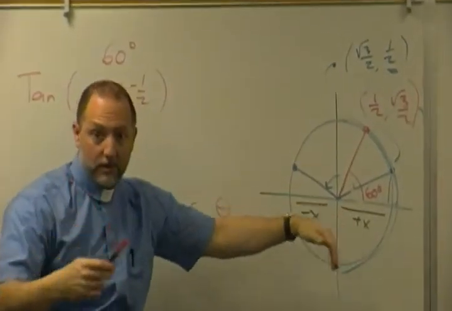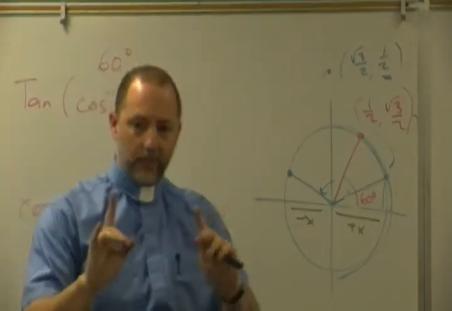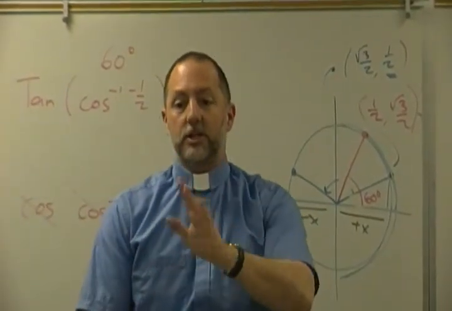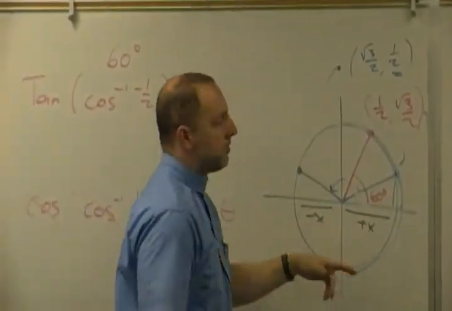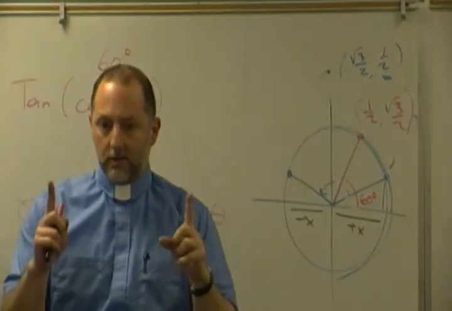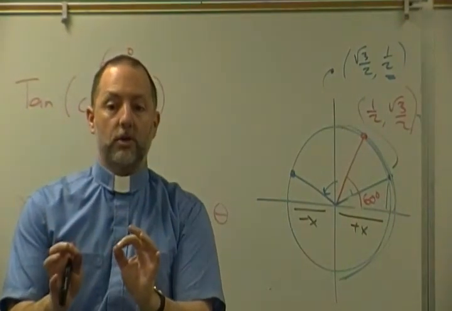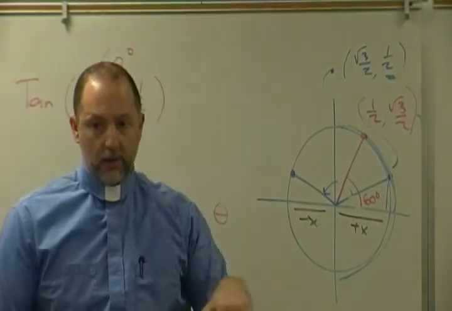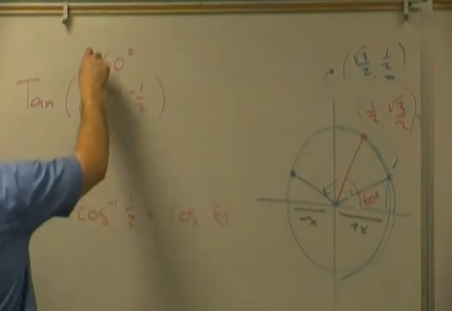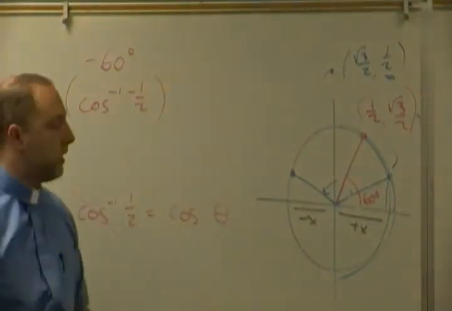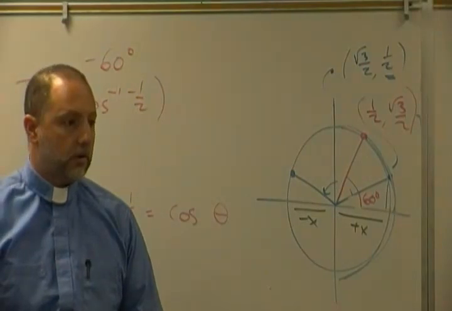You're right, sort of. That's correct if we're going around the circle this way. But you remember we said that we have to limit where cosine inverse is. It's the same point on the circle, but we should get used to thinking of it not as 300 degrees but as negative 60. Thank you, Jocelyn. It's going to be negative 60 degrees, and so then we ask, what is tangent of negative 60?